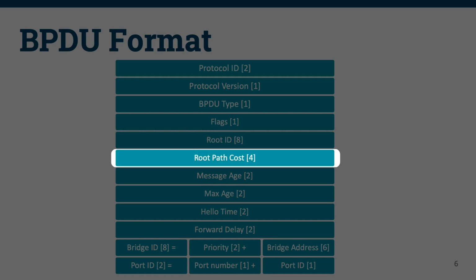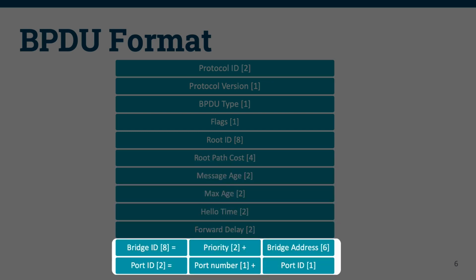The root path cost is the metric cost to reach the root bridge across the link that the BPDU is sent on. This is summed by each advertising switch, allowing for the total path cost to be easily calculated by the receiving switch. The bridge ID and port ID are populated with the values of the local bridge and port ID of the switch sourcing the BPDU.